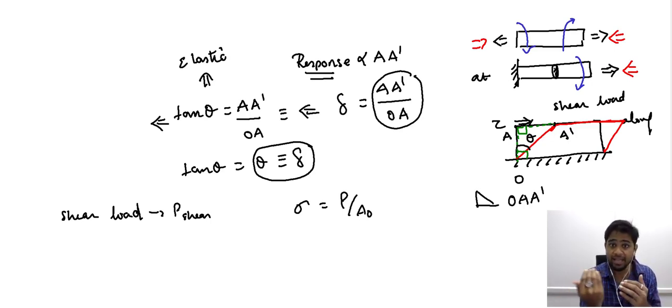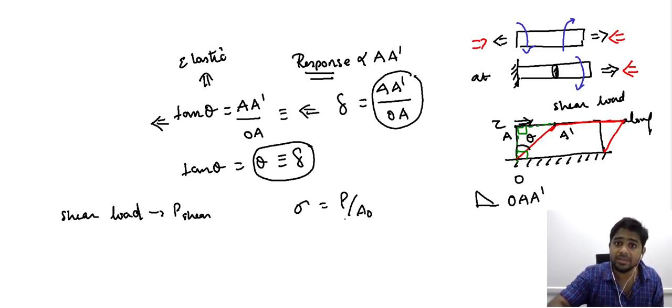Because we have atomic bonds that are associated with the cross-sectional area. When the number of atomic bonds increases with the cross-sectional area, the resistance offered by the material to the tensile loading also increases. So therefore, the cross-sectional area influences the amount of load that is required to bring about the desired response. When you desire a response and you impose a load for it, the amount of load required depends on the cross-sectional area, and therefore to normalize this load, we took the ratio of load with respect to the cross-sectional area.